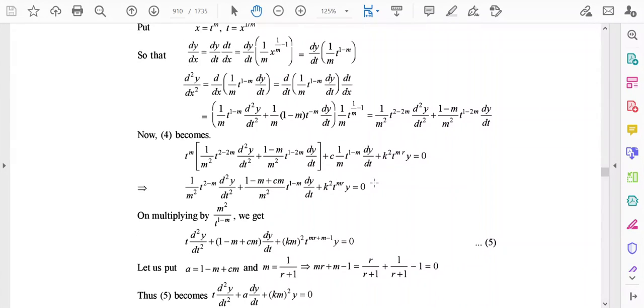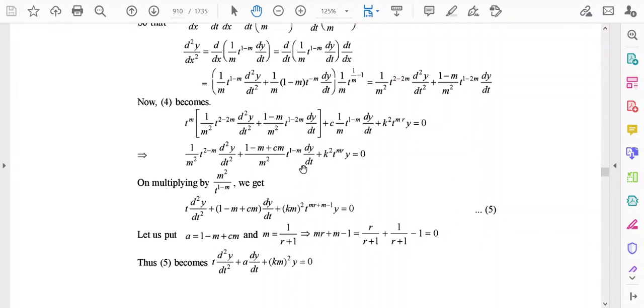Now after some simplification we are obtaining this equation, and for further simplification we have to multiply this equation by m square by t to the power 1 minus m. So if we multiply, then we will obtain t into d square y by dt square into 1 minus m plus m into dy by dt plus (km) whole square into t to the power mr plus m minus 1 into y is equal to 0.